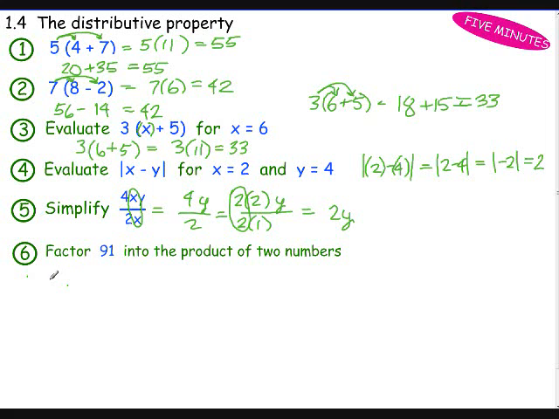Ooh, that shows some promise, doesn't it? 7 divided into 91, it'll go 13 times. So 91 could be expressed as 7 times 13. So that is factoring 91 into the product of two numbers.